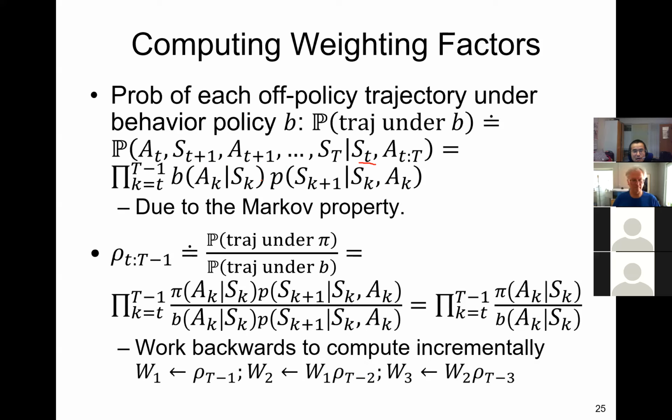By using the Markov property, you can rewrite this term as separate b terms and p terms, denoting the behavior of action selection and the environment's state transition to the next state.